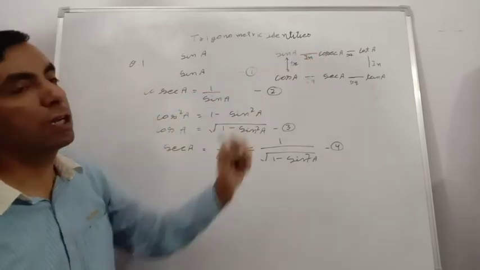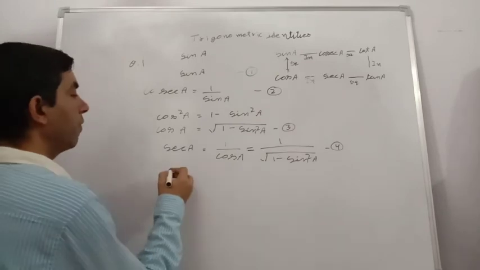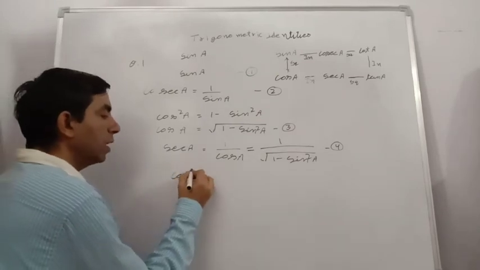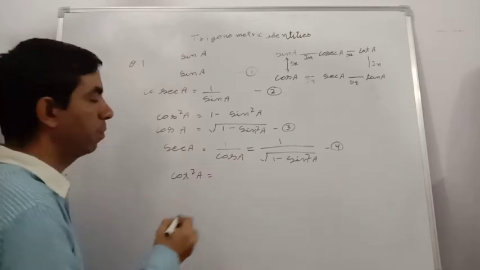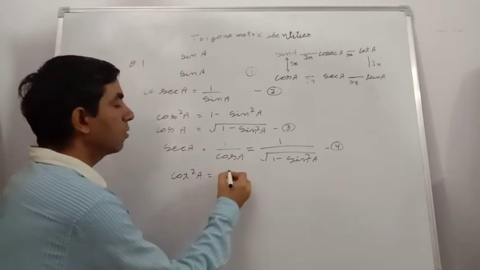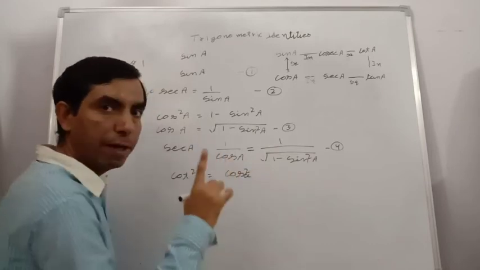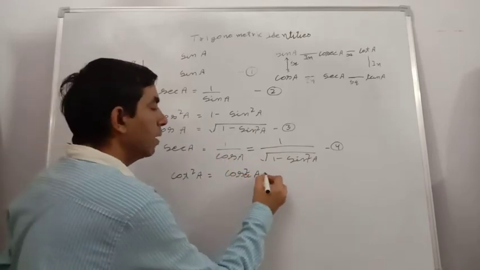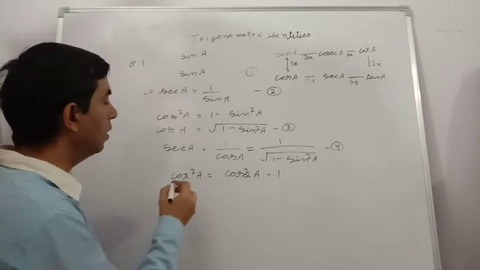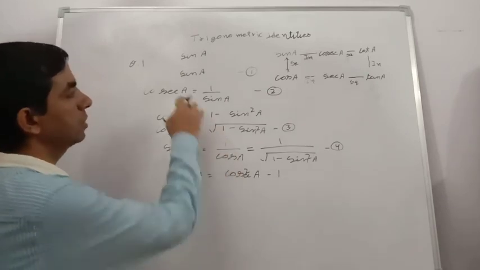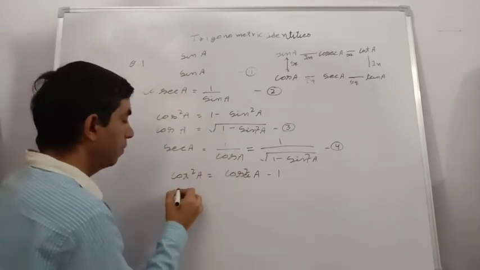Cosec A is connected to cot A with the square formula. So we find cot square A is equal to cosec square A minus 1. Then we write the value of cosec A from this and solve.